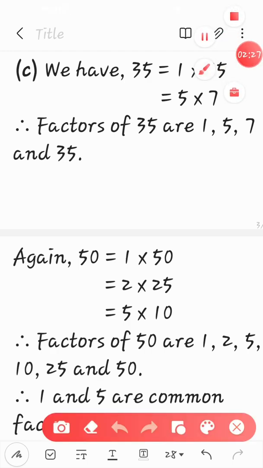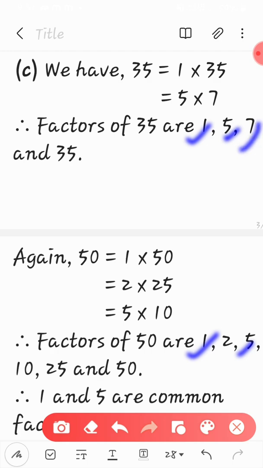So here you can see what the common factors are. 1 is there in 35, in 50 also 1 is there. 5 is there in 35, 5 is there in 50 also. 7 is there, but 7 is not in 50, so it is not a common factor. 35 is there, but 35 is not in 50, therefore this is also not a common factor. 10 is there in 50, but there is no 10 in 35. 25 is there in 50, but no 25 in 35. 50 is there in 50, but no 50 in 35.